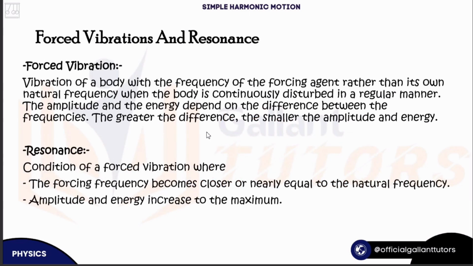Alright, these are conditions associated with simple harmonic motion that I feel are important for you to know. The first is forced vibration, the second is resonance. Both of them are interlinked, so once you understand one, you'll be able to get the other. I will not go straight in; I will start by explaining what it really means.